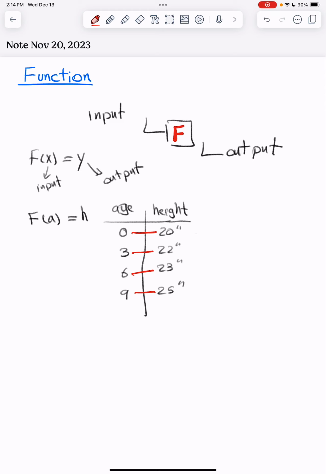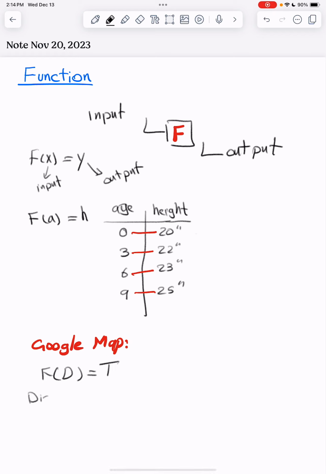Another good example would be Google Map. When we ask Google Map to calculate the time it will take us to get from one point to another point, it uses a function, and that function is a function of distance equals time.